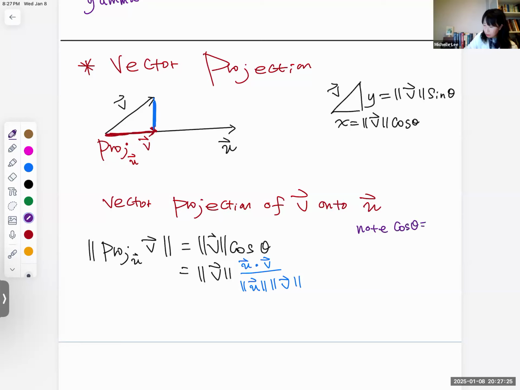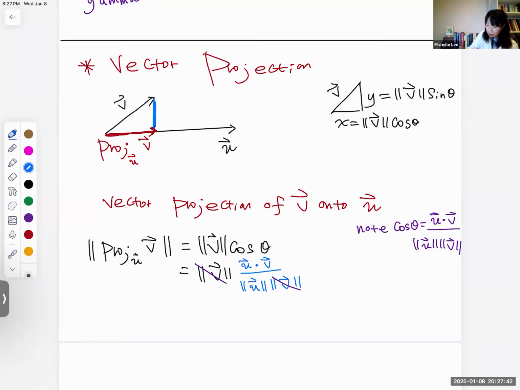Cosine theta equal to... okay, then we can simplify that, right?